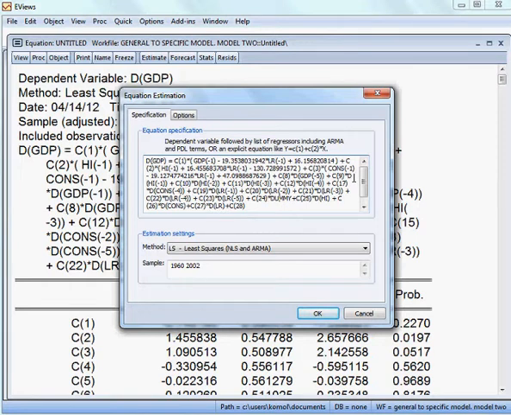I double check again. C9, C10, C11, C12, C17, C19, C20. Okay, C1, C2, C3.